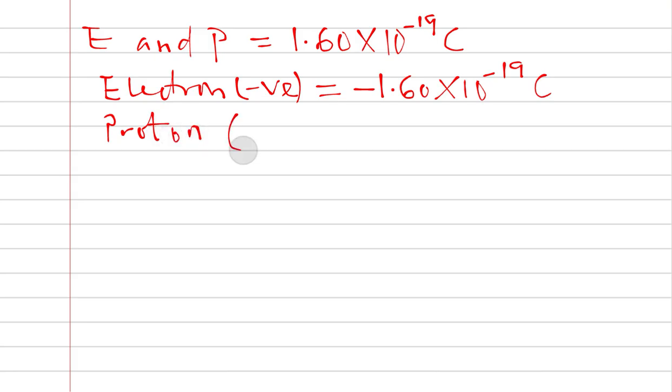Since proton is positively charged, it is going to be plus 1.60 times 10 raised to power minus 19 coulombs. You can see that they are still the same thing, it is just that we are putting in the sign. So whenever you want to calculate something on electron, it is negative. When you want to do proton, it will be positive, because the charge is also very important.